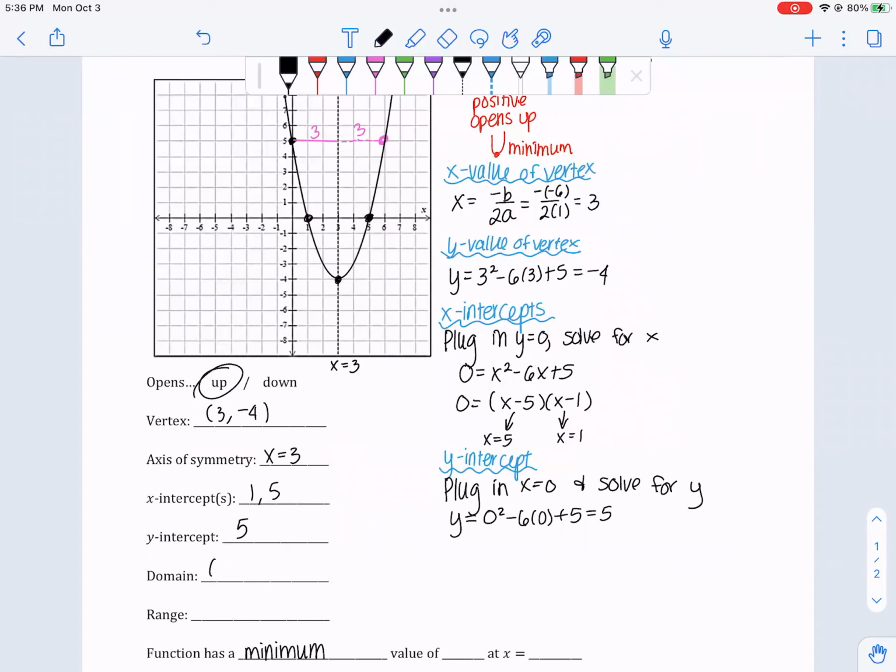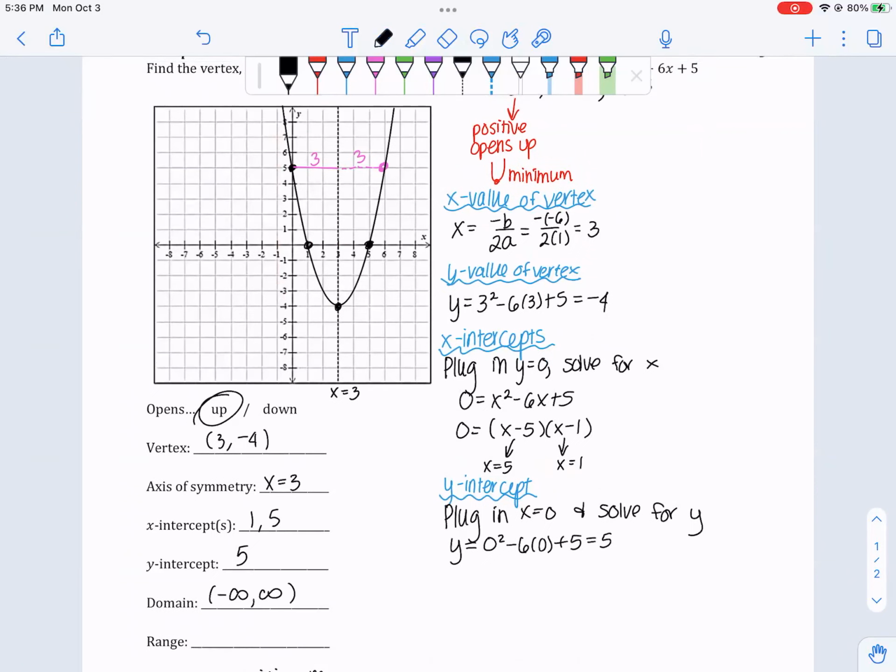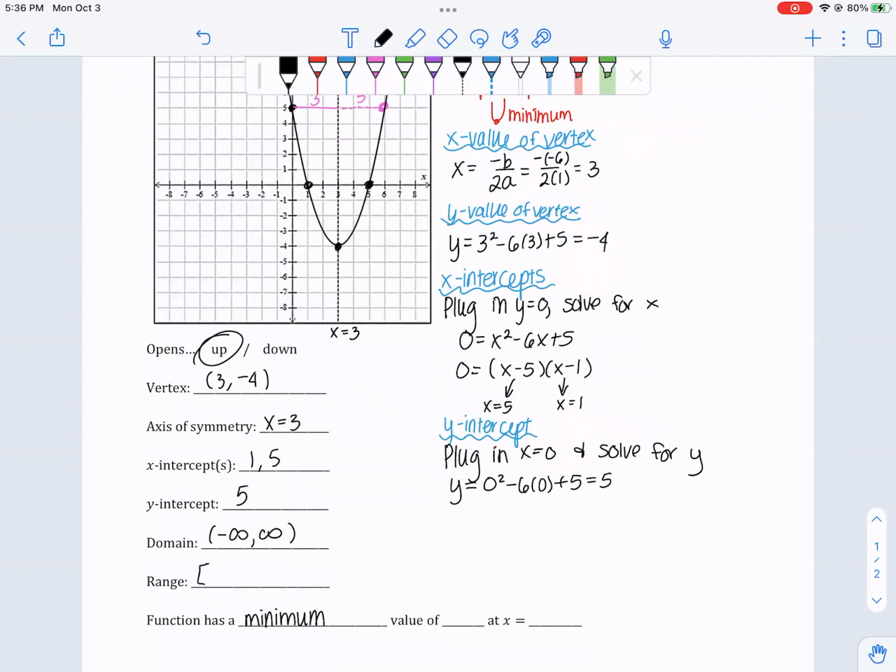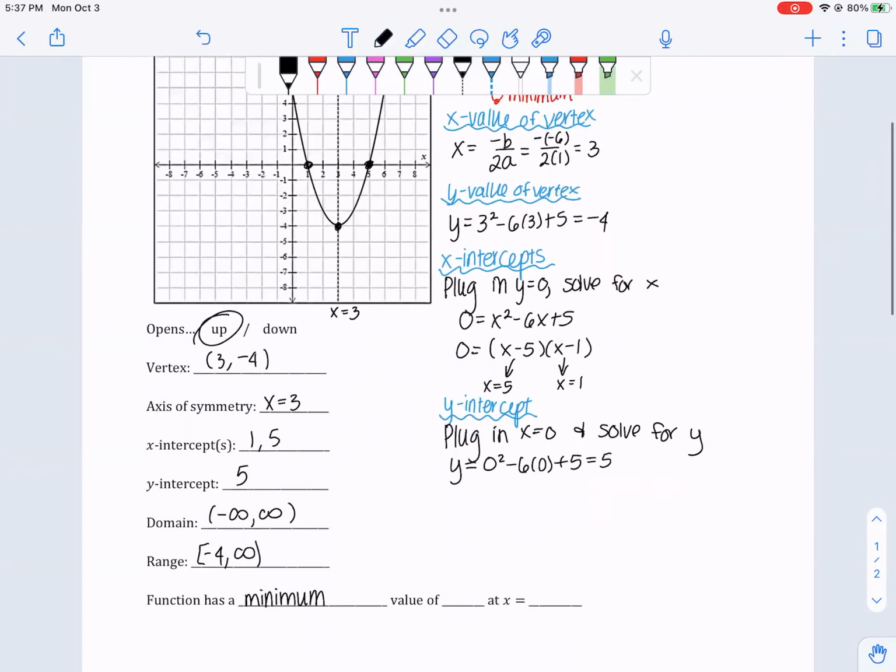The domain is going to go from negative infinity to infinity. The range begins at -4, goes up to infinity. The function has a minimum value of, we use the y value as the minimum value, and it occurs at x equals the x value of the vertex.